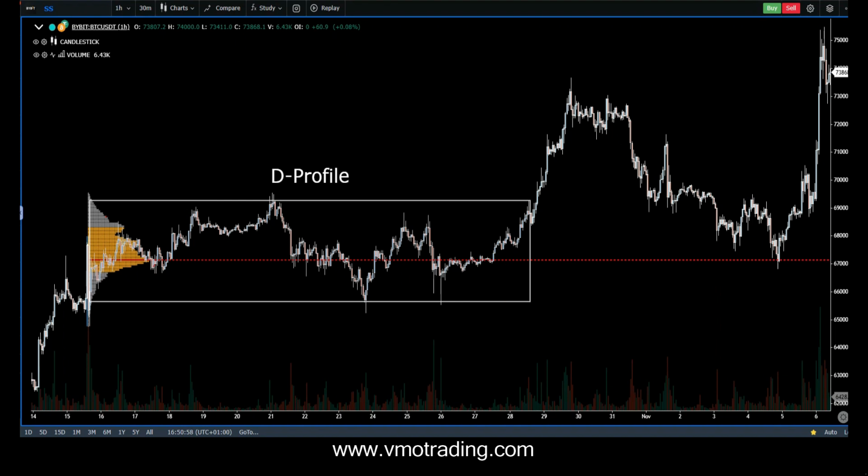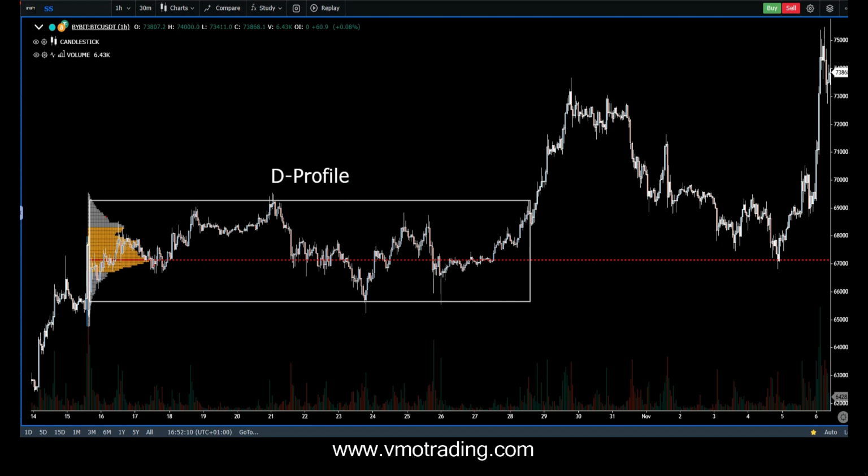D profiles represent the permanent auction process which takes place in a selected time period. Here I selected a trading range showing the Bitcoin future on a 1 hour chart in October.